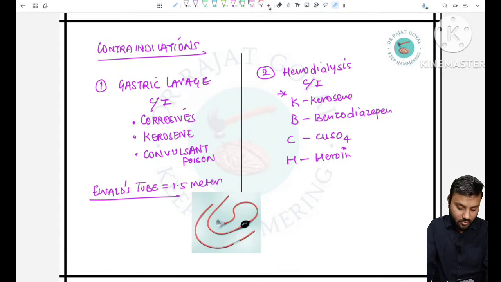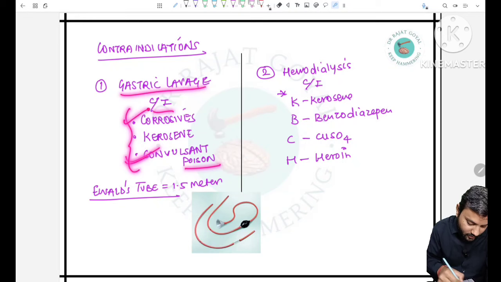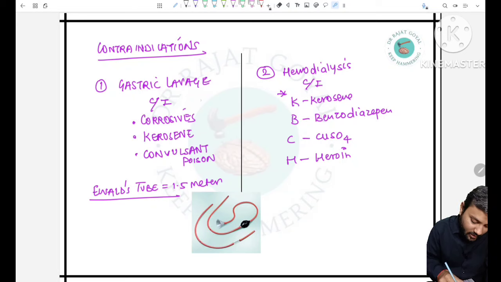Now the contraindications: gastric lavage contraindications and hemodialysis contraindications. Gastric lavage is contraindicated in corrosives, kerosene, and convulsant poisons. But in one corrosive it is not contraindicated, which is carbolic acid.